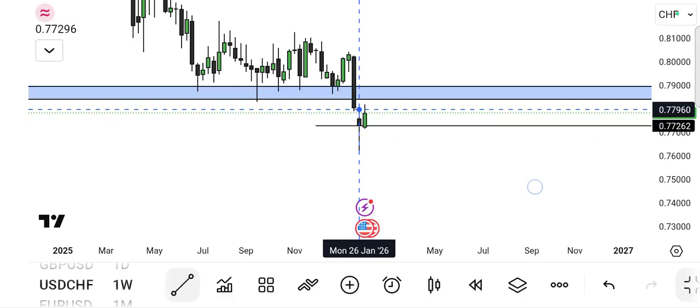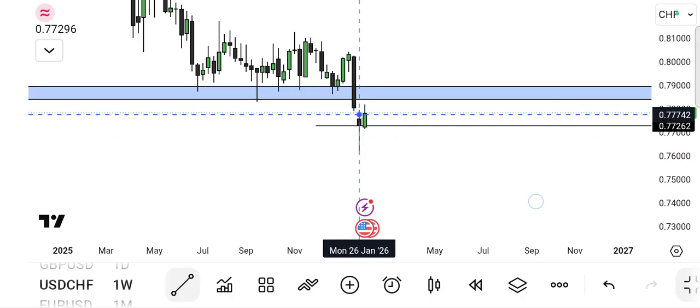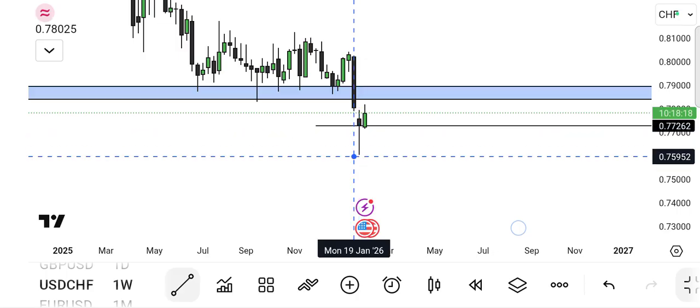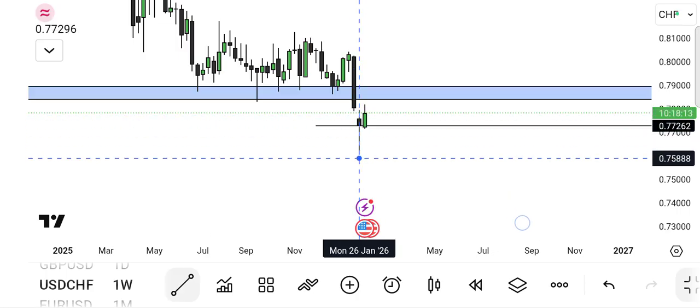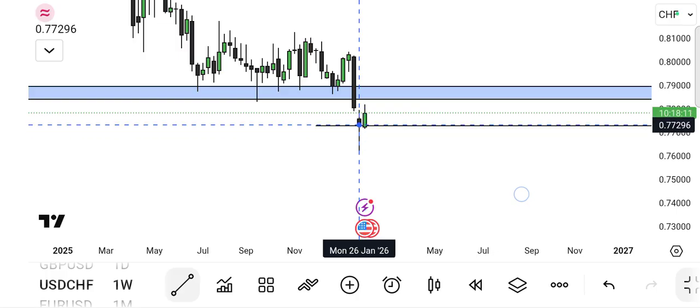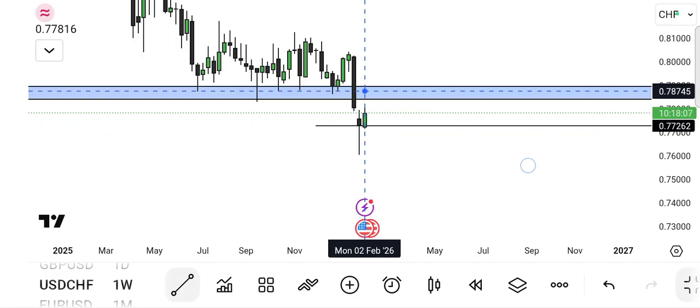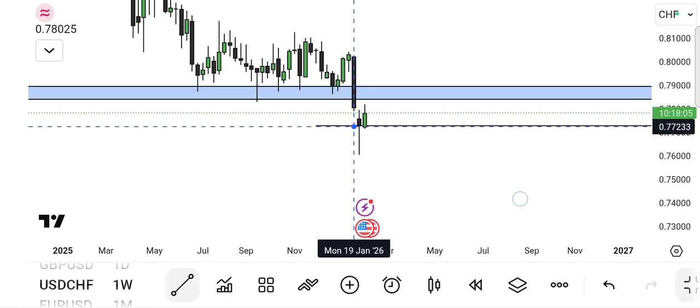It's like a pin bar, whereby the buyers and sellers were fighting, and the buyers took advantage and pushed the market up to this point. You understand?